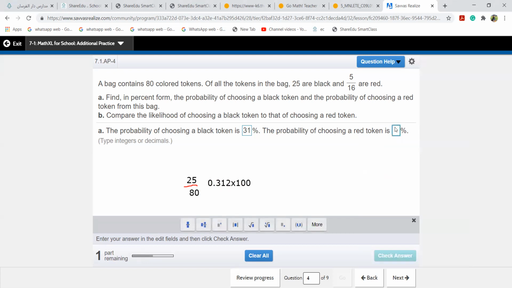Again, this is 31%. 100 minus 31 is 69%. Let us check.